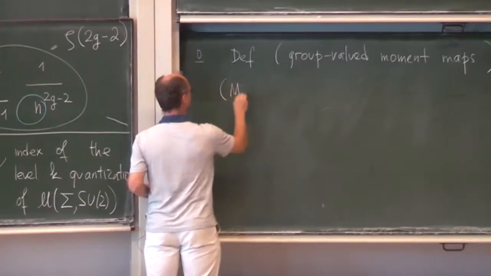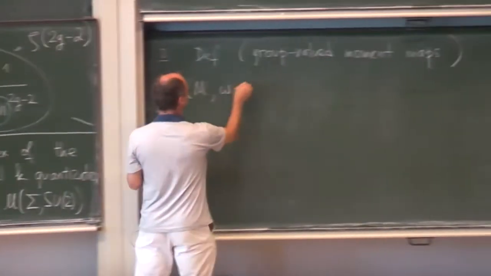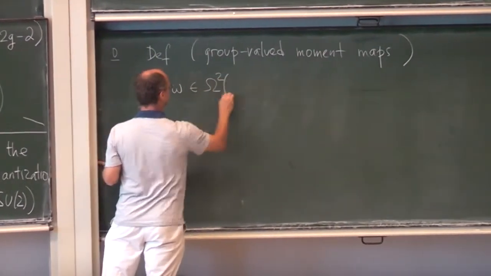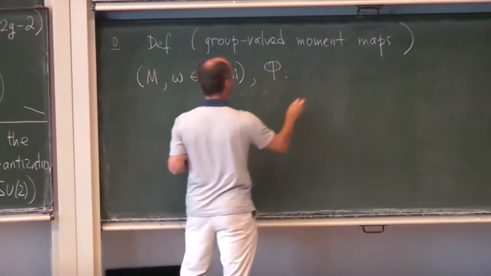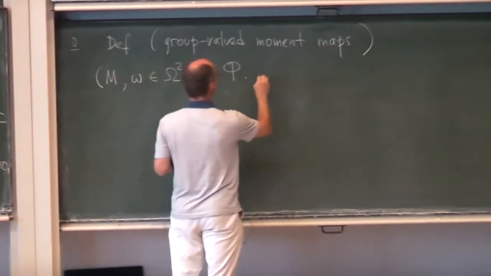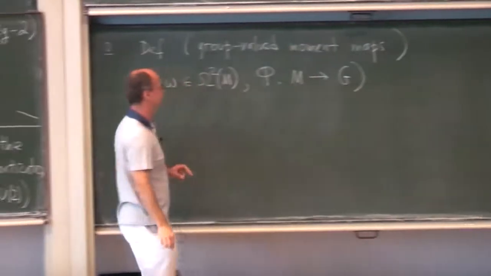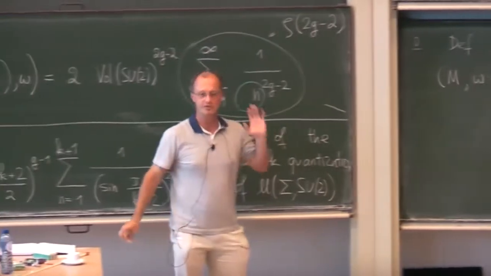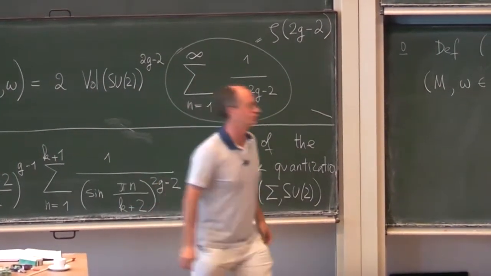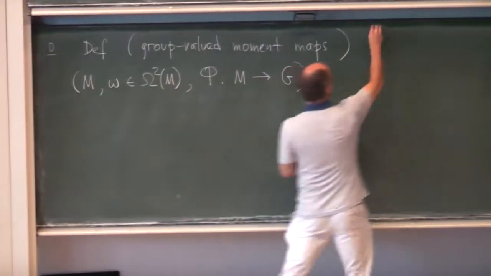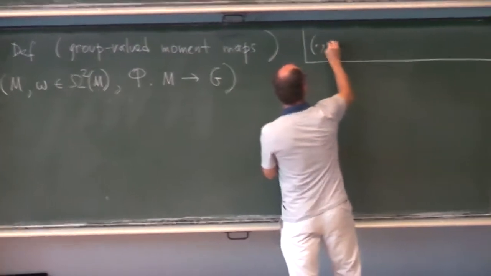So as before, for ordinary moment maps, we start with a triple, a manifold, a two-form, and the map which we suggestively call phi from M, and now it goes to the group G. As before, we assume there is a pairing, there is a scalar product on the Lie algebra. So that's an important ingredient.